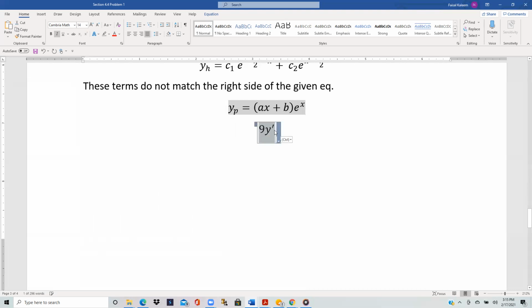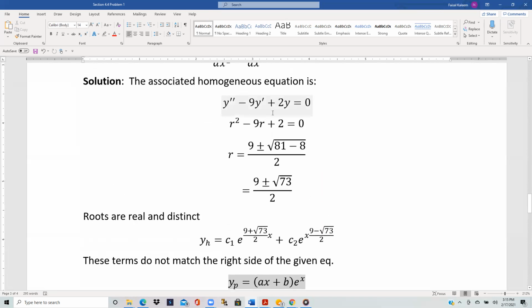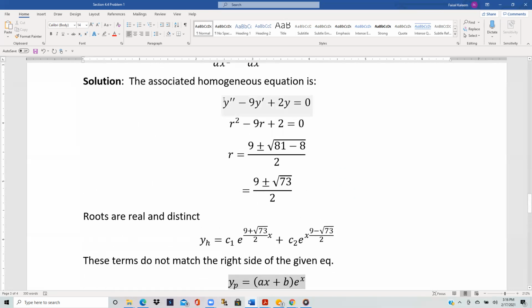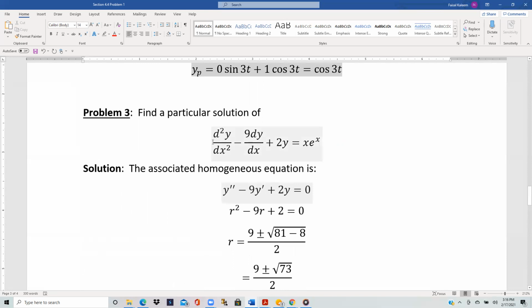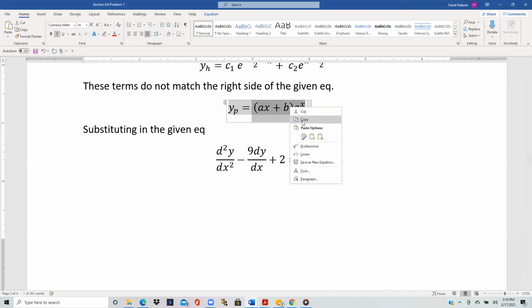We'll calculate the derivatives along the way. We'll just substitute it here. So we can say substituting in the given equation. Now just copy it. The given equation was this one, the original one. Okay, so y will be replaced with this thing, ax plus b times e to the x.